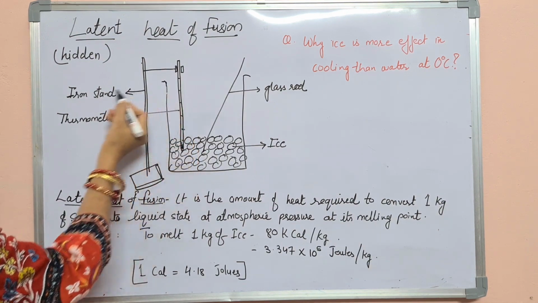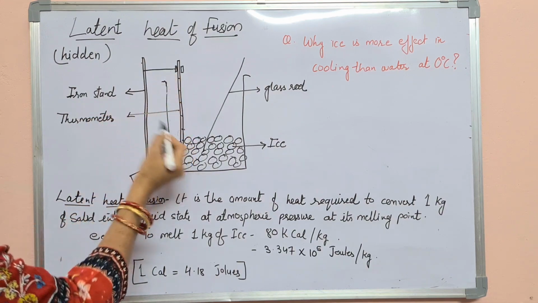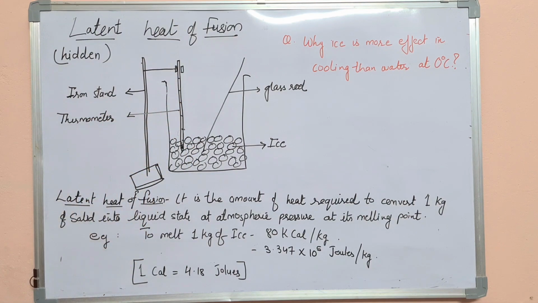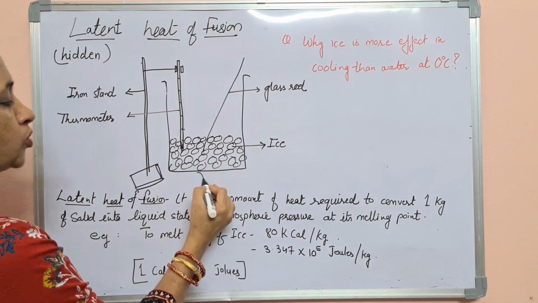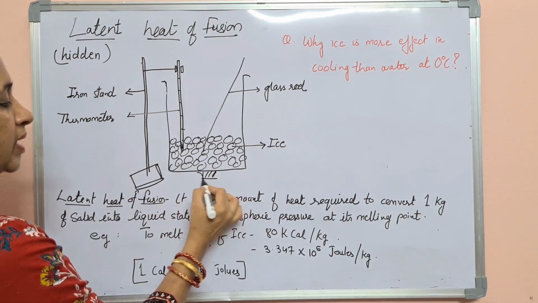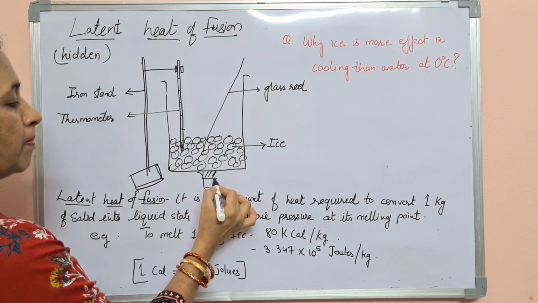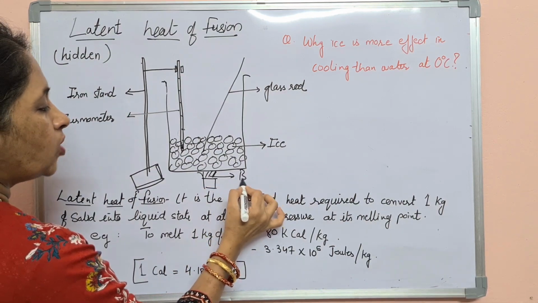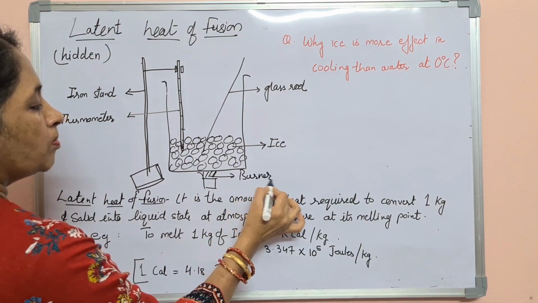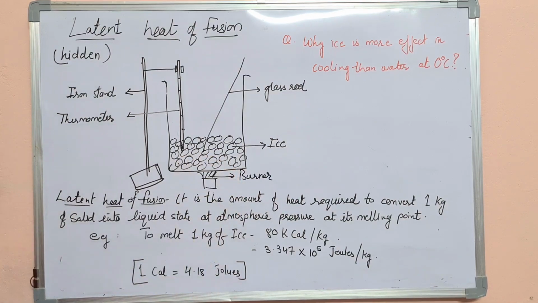And with the help of the iron stand, the thermometer is inserted into the ice cubes. Fine. So when we are going to heat this beaker over the burner, heat energy is supplied.